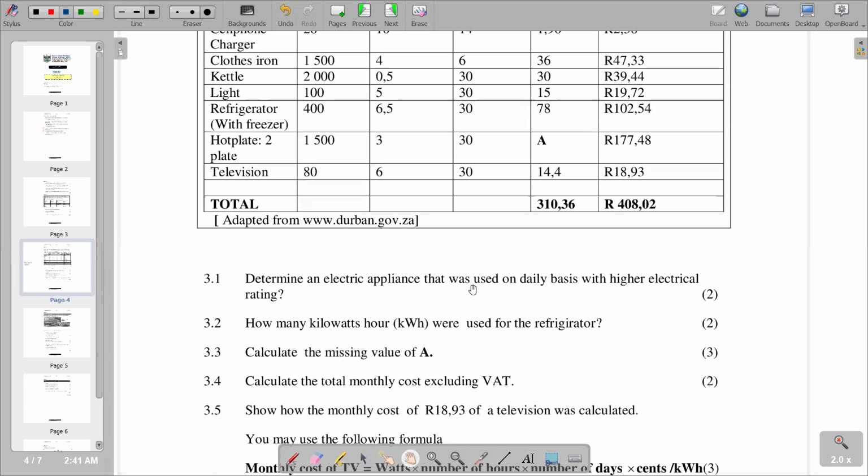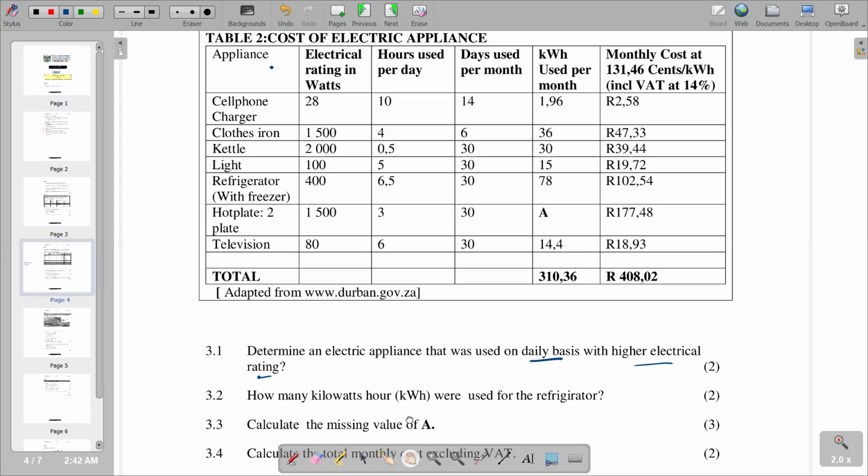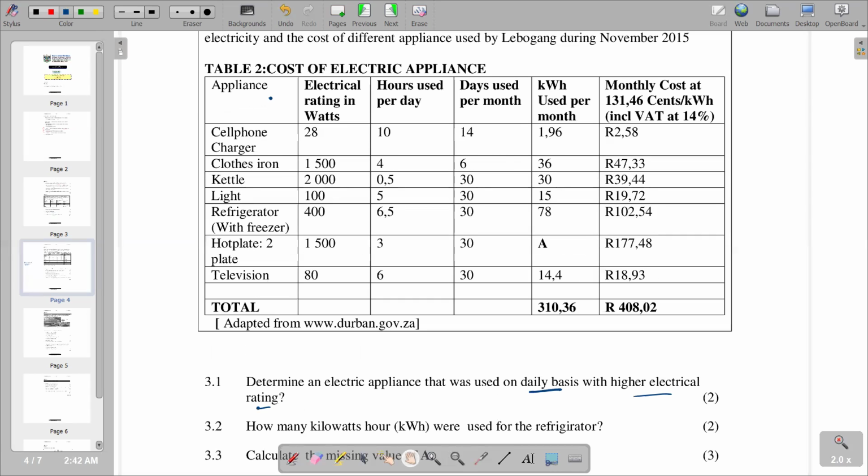Determine the electrical appliance that was used on a daily basis with the higher electrical rating. So on a daily basis, and also we check for the higher electrical rating. We check according to the ones used on a daily basis, under days used per month. Obviously, in the month we've got 30 days on average. So we've got 30 days on 3 different appliances, and out of these 3 is where we have our answer.